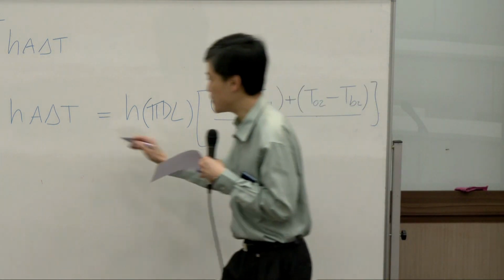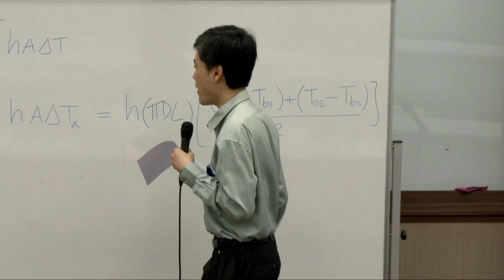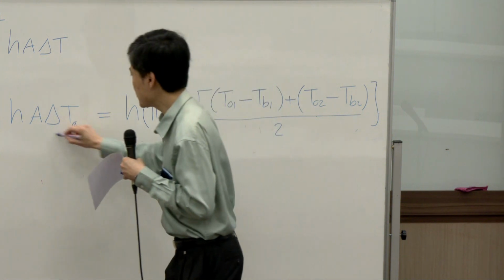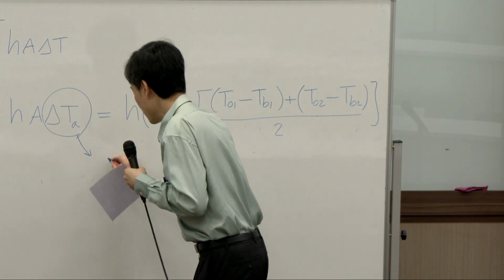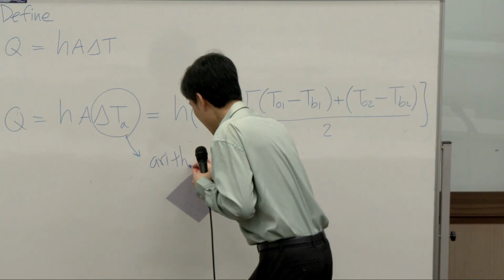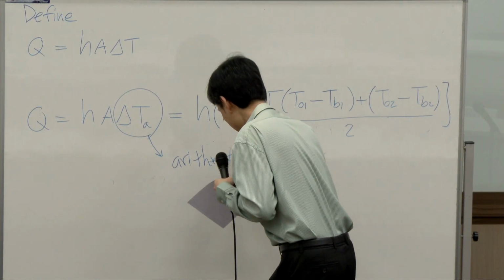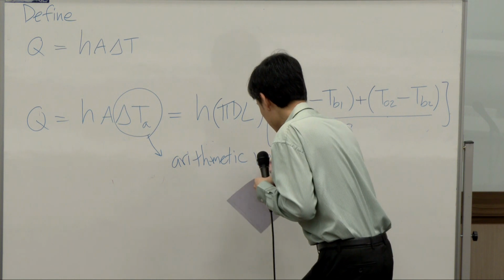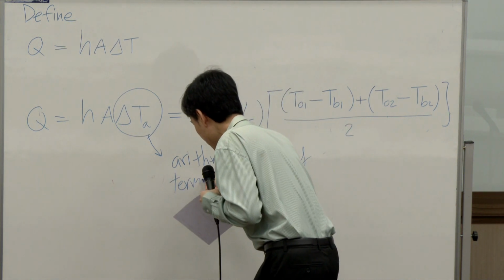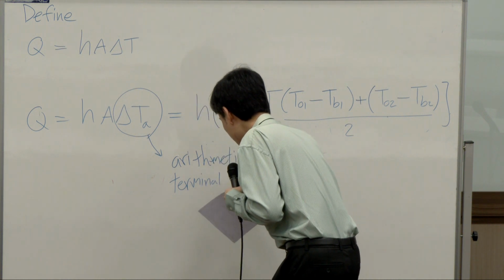So this is called delta TA, where A means arithmetic mean. Okay? So this delta T would be the arithmetic mean of terminal temperature difference.